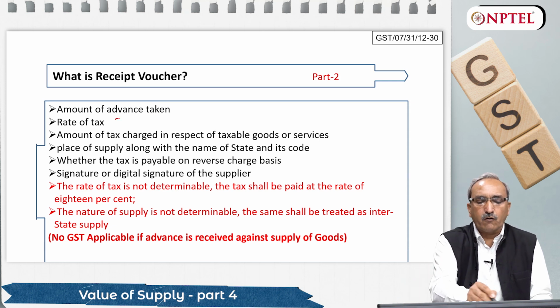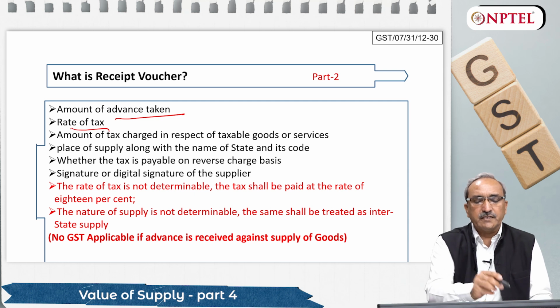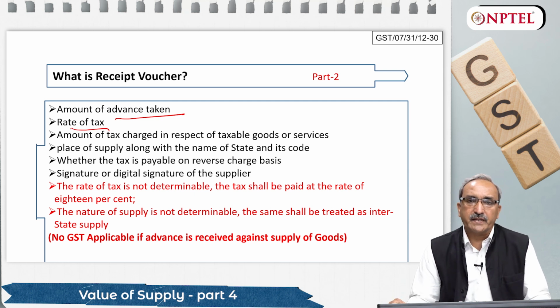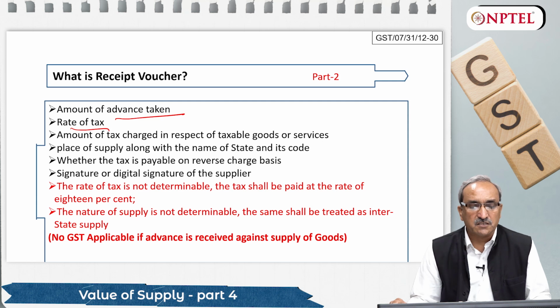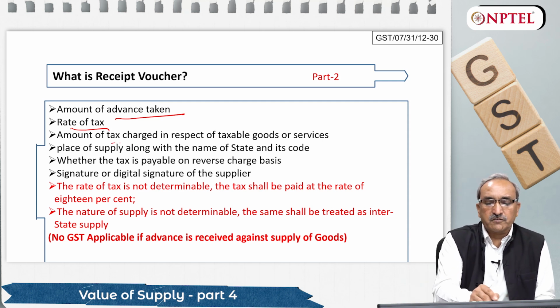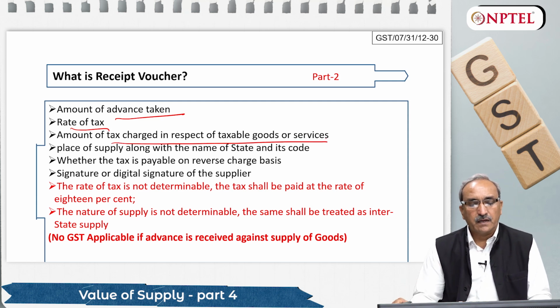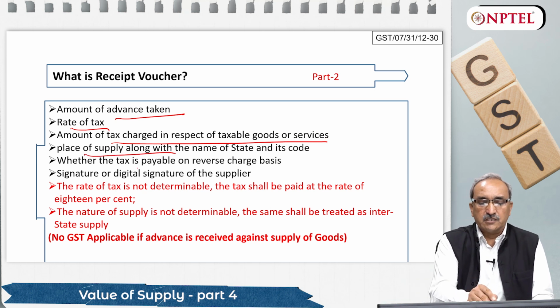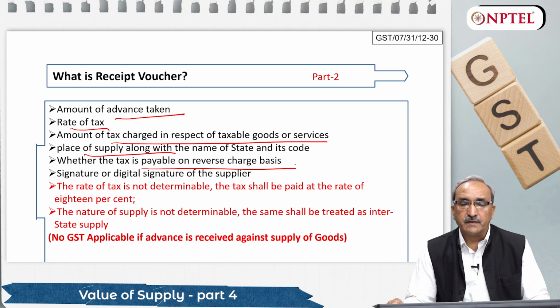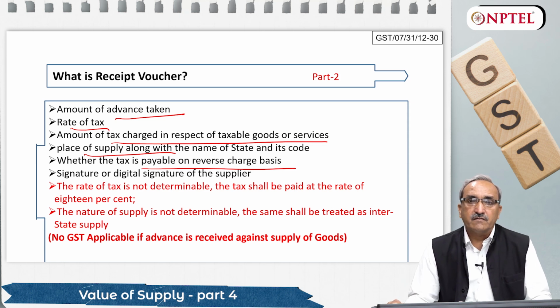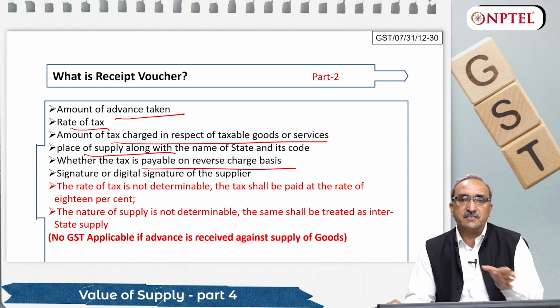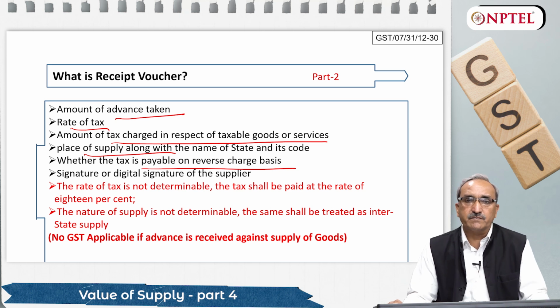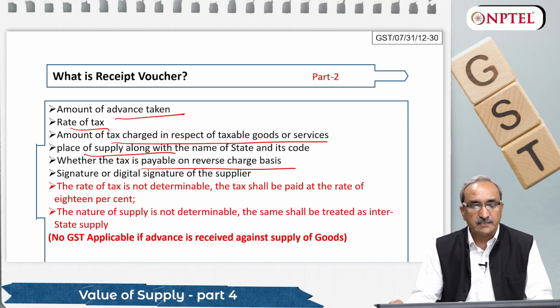It also mentions the amount received, the rate of tax applicable on such goods for which this advance is received, amount of tax charged, place of supply where it will be delivered, whether tax is payable on reverse charge or not, that is also to be mentioned over here, for which transaction it is received. If it is received for a reverse charge mechanism transaction, then accordingly it will be dealt with.